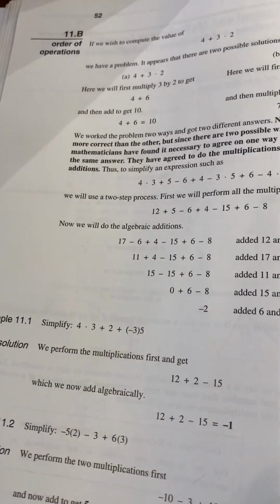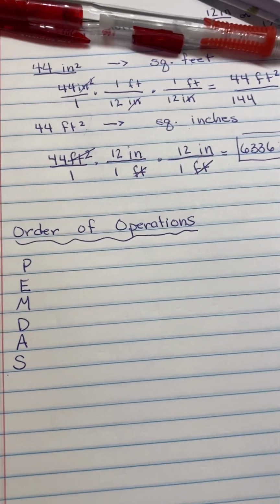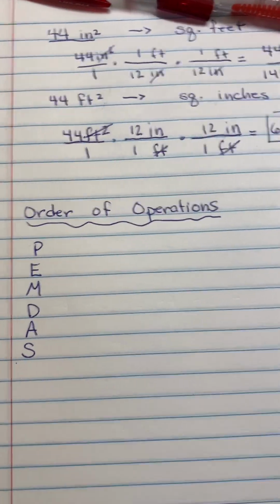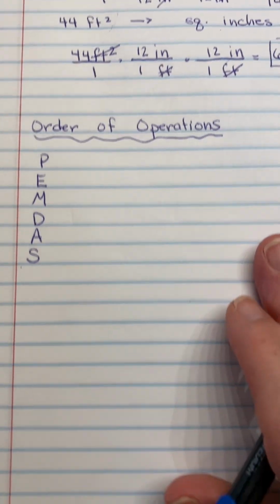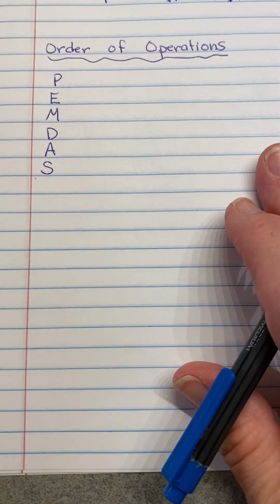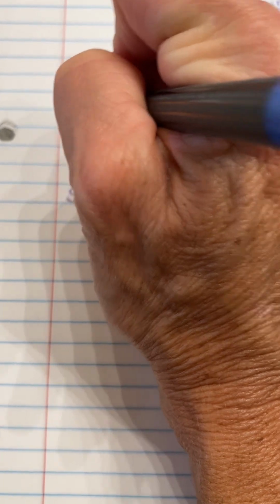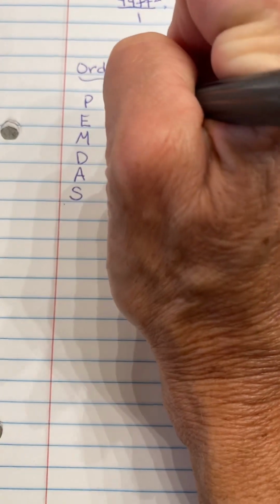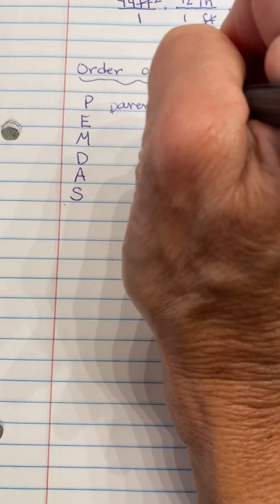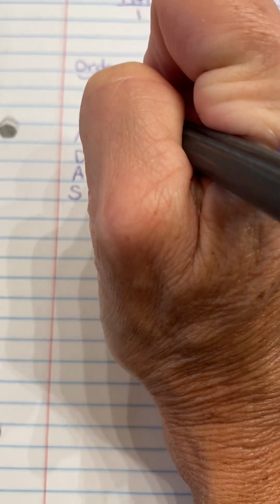Okay, now we're going to talk about order of operations. And I'm going to move over here to my notes. The way that we can remember the order of operations is by this acronym PEMDAS. P stands for parentheses, E stands for exponents.